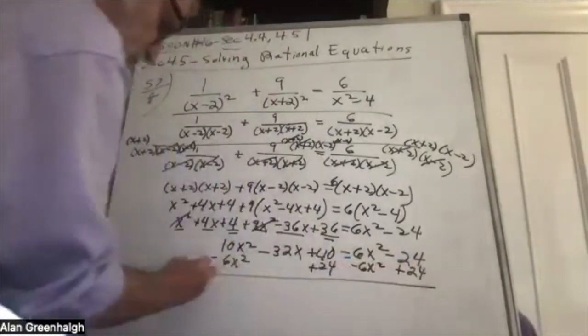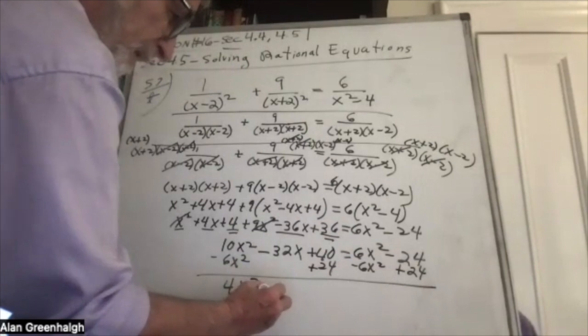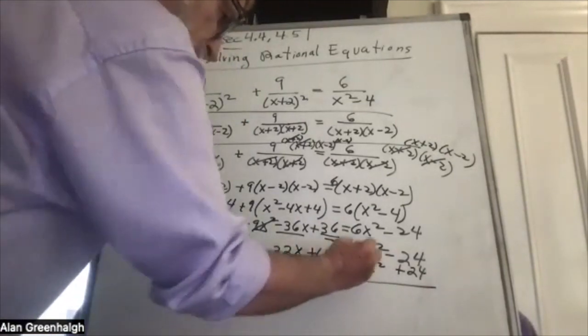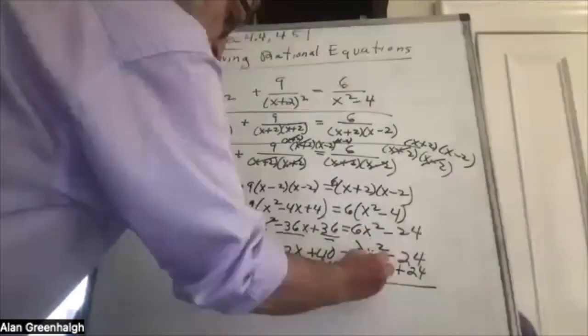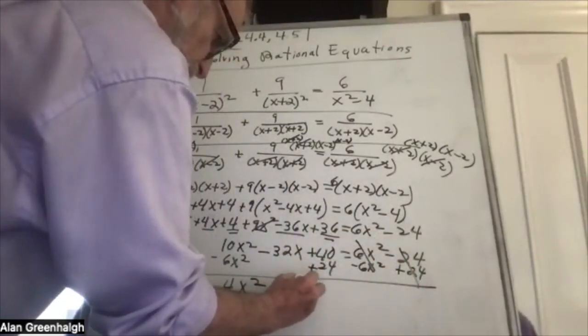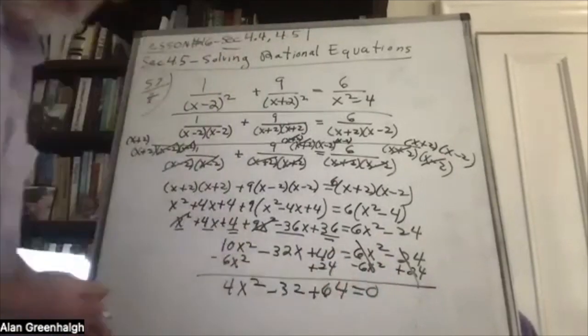I'd be shocked if this worked out, really. And I'm not going to feel too badly about it. That goes out with that. Minus 32 plus 64 equals 0. Okay, see that?